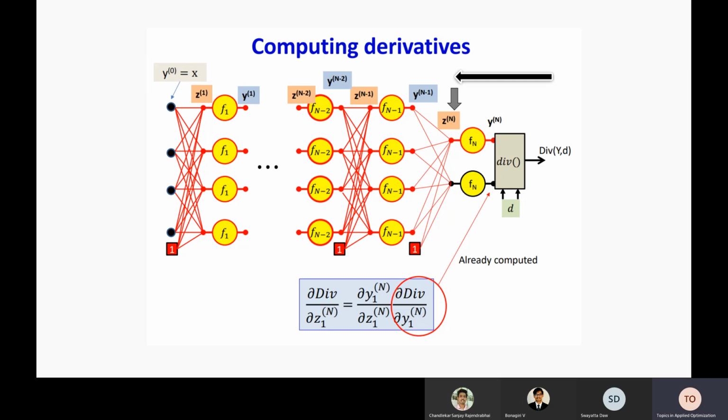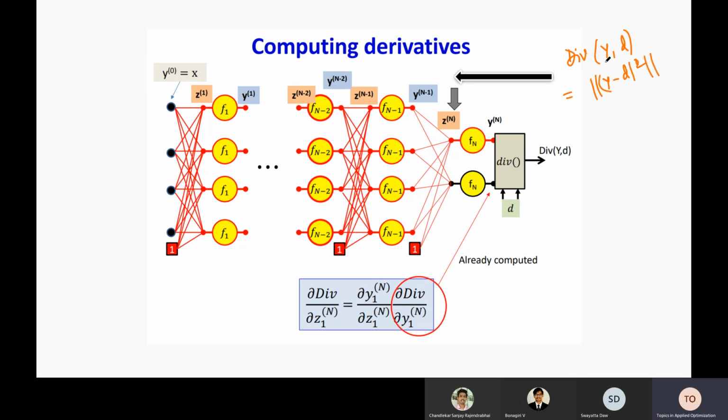Why do I say that I already have this term? So we have to see how the loss function looked like. Let us say we took a loss function that looks like this, the simple one that we have described before, half of y minus d squared.